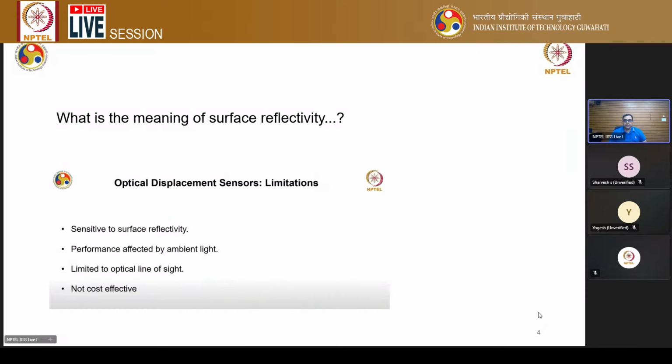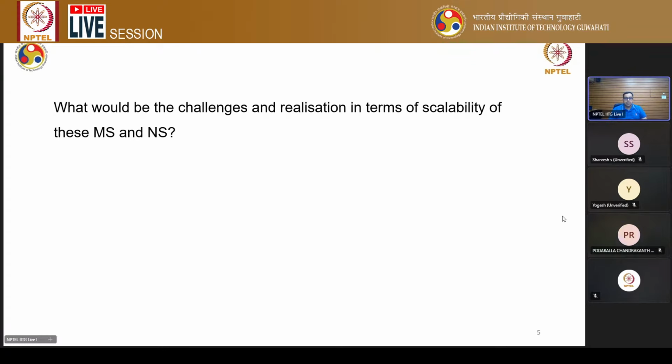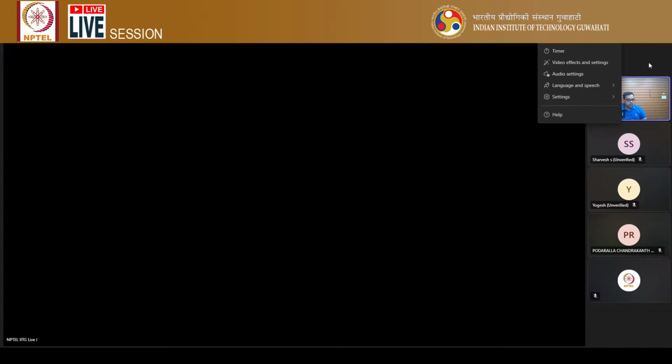We'll also take the surface reflectivity on optical displacement sensors, and then the challenges in microsensors and nanosensors, particularly the scalability from a fabrication point of view. The student is trying to understand what the challenges are when you try to scale up these microsensors and nanosensors.